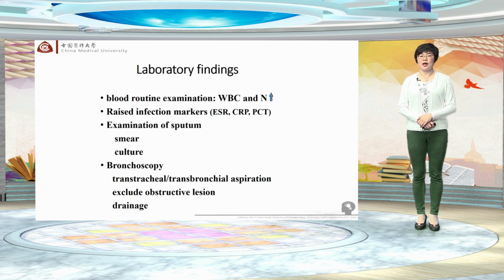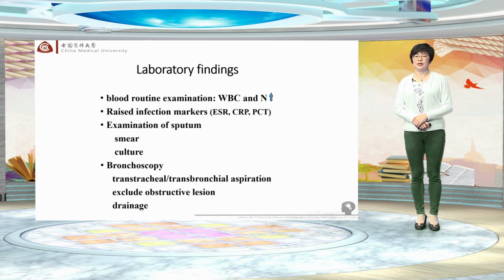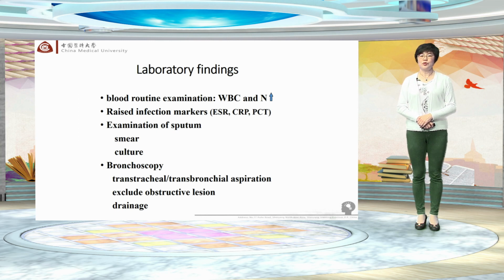Laboratory findings of lung abscess include many things. First, we could do blood routine examination. For this disease, the white blood cell and neutrophils usually increase. Also, raised infection markers could be seen in this disease, for example, ESR, CRP, and PCT. They are usually used for bacterial infection.